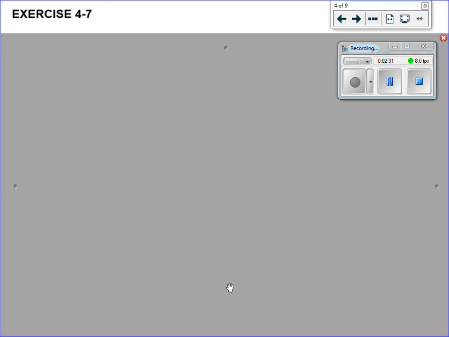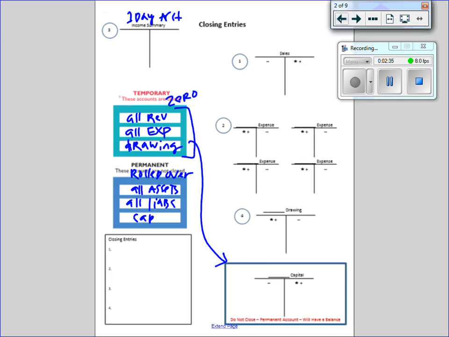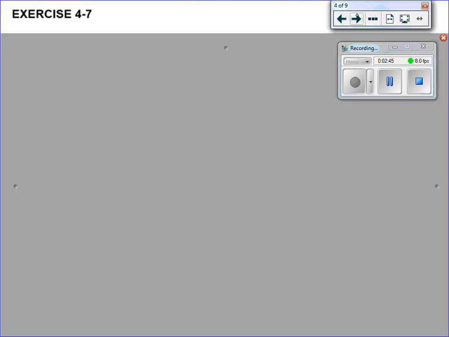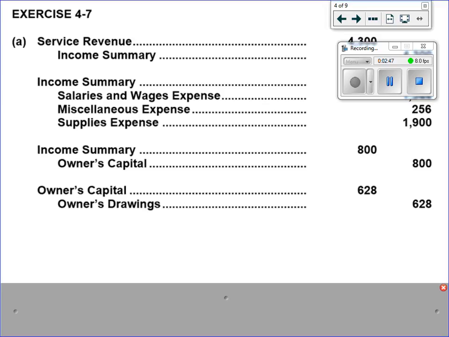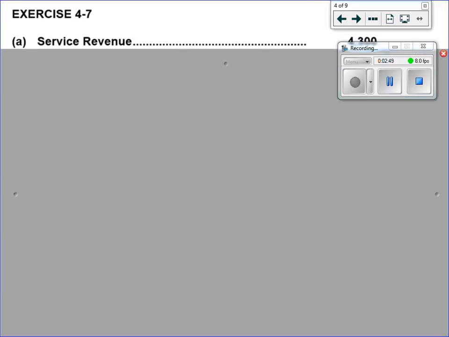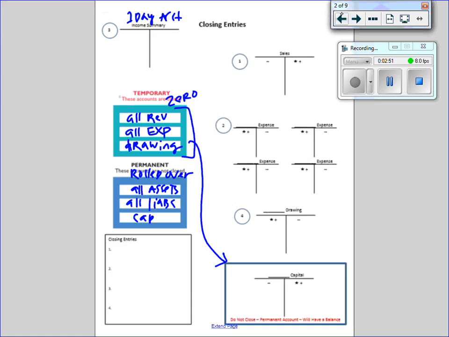So it's going to feel super slow because I'm going to, again, tell you what the closing entry is, do the T account, roll it over to the journal entry. Cool? On the test, you would only do this. On the test, I will provide this little Mrs. Mars version, like what we're doing, but it wouldn't be graded. Cool?